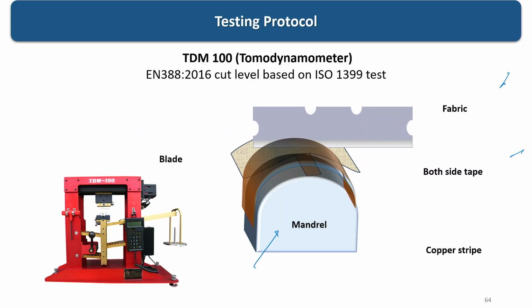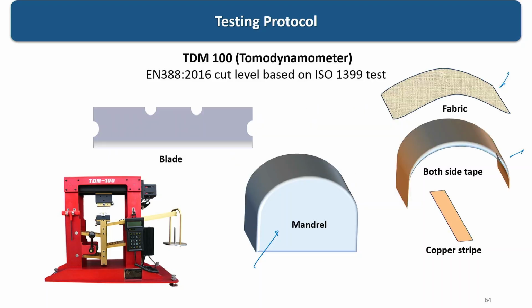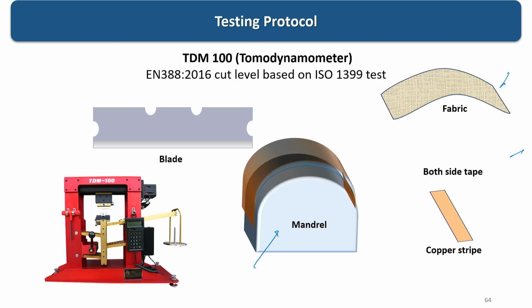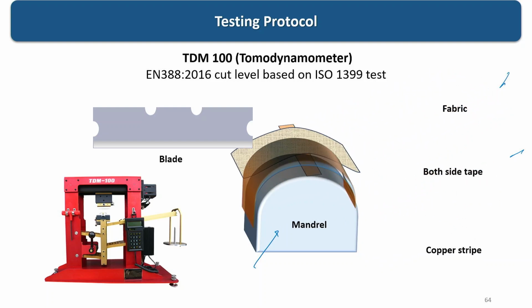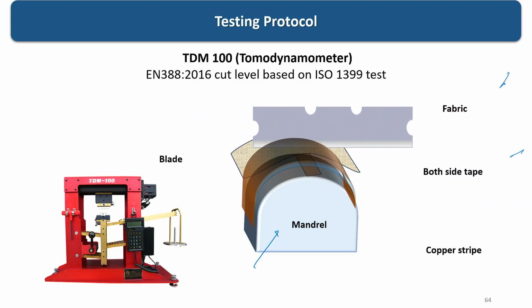Let us see once again. First both side tape, then copper strip, then fabric, and then it is ready for cut. So, these are the stages of this test.